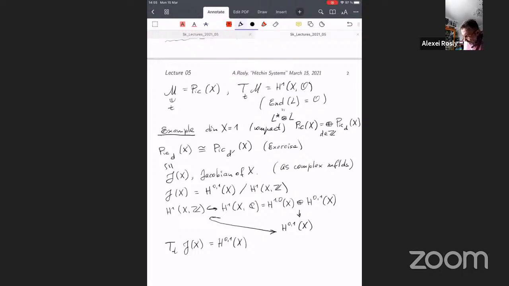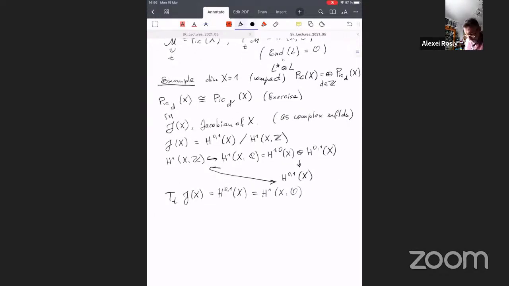Now we see that the tangent space is like this, and the latter group is the same, almost by definition, as the first cohomology group of X with coefficients in O. So we confirmed what we knew from the general consideration. So in this example, we have exactly such a property.